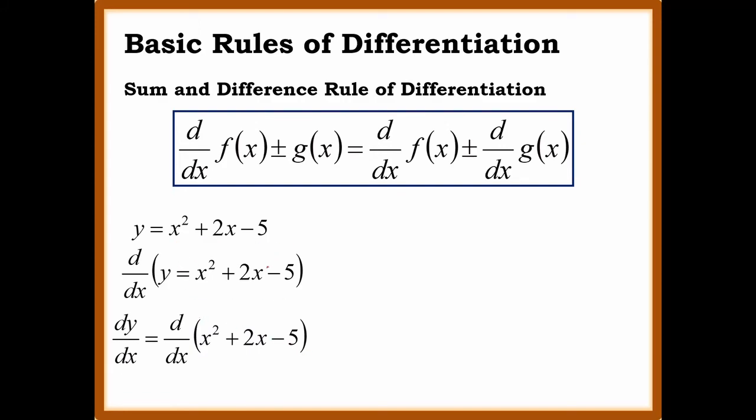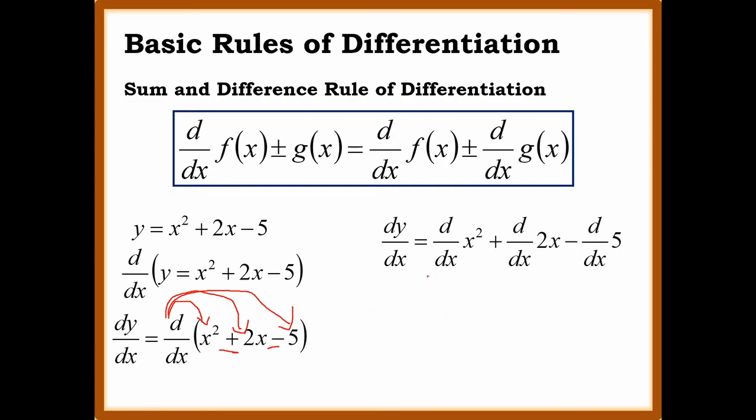Next, applying sum and difference rule, pwede natin siyang gamitin kasi the operation between the terms is addition and subtraction. Kaya pwede natin silang paghiwa-hiwalayin. So, d over dx ni x squared plus d over dx ni 2x minus d over dx naman ni 5. It will look like this.